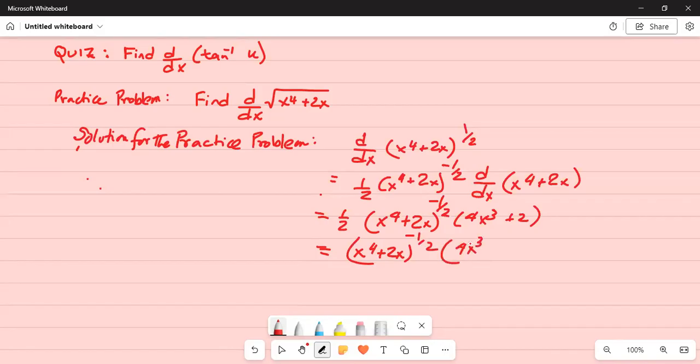So we divide each term in the second expression by 2. Ultimately the answer is (x^4 plus 2x) raised to the power of minus half, and then 4 divided by 2 is 2x cubed plus 1.